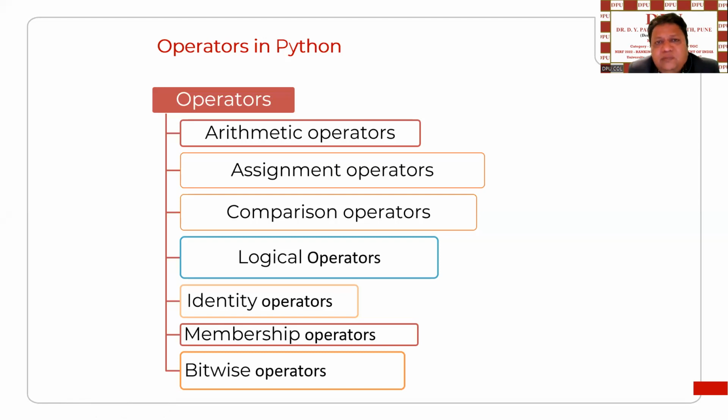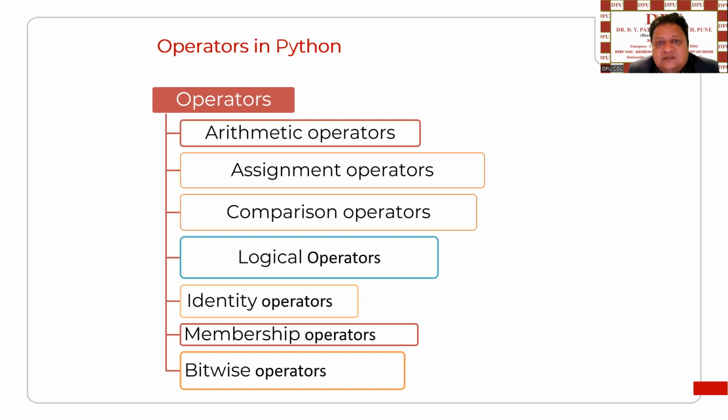In order to perform arithmetic operations like addition, subtraction, multiplication, division, or modulus, all those operators are grouped under the category called arithmetic operators.